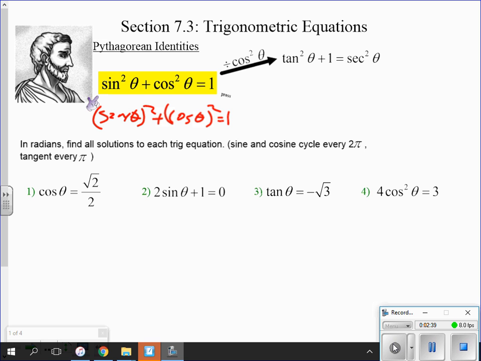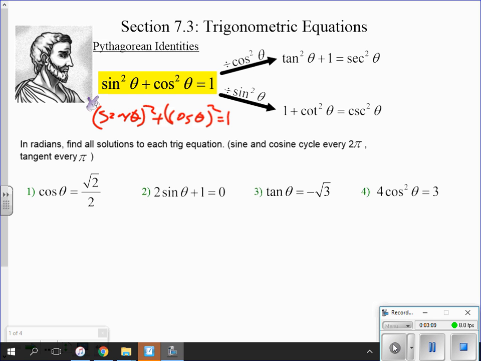This is still a Pythagorean identity because we took the basic one and did a simple change to it. And by the same token, if we divide everything by sine squared, you get a similar Pythagorean identity of 1 plus the cotangent squared equals the cosecant squared.